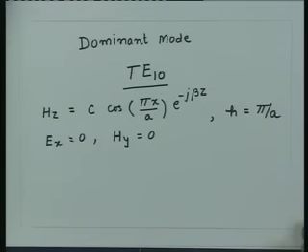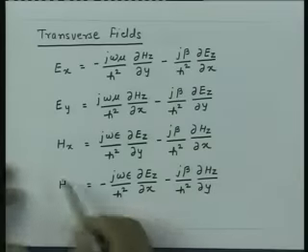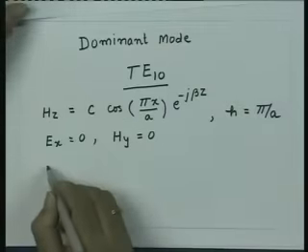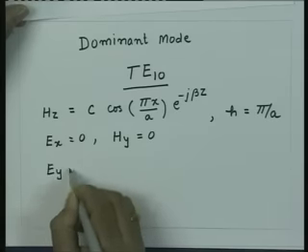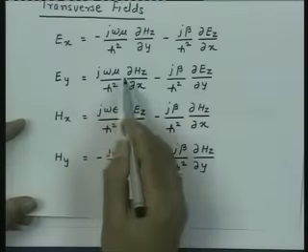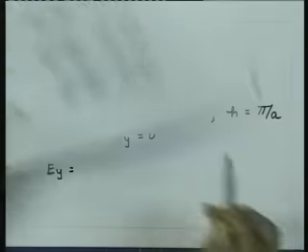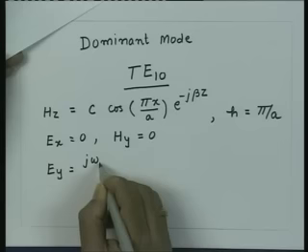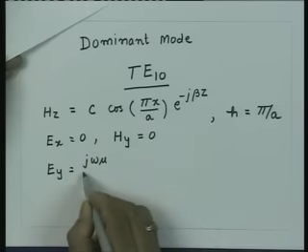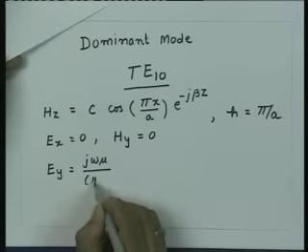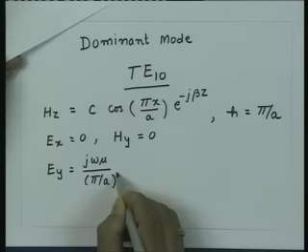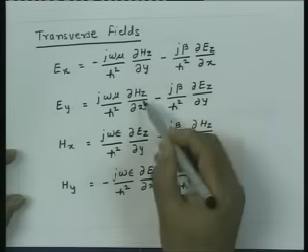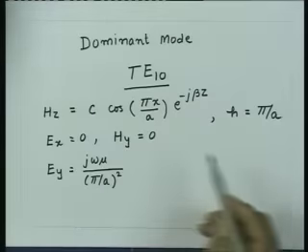I can now substitute into this and get the Ey component, which is j omega mu upon h square, which is pi upon a whole square, times dHz by dx.